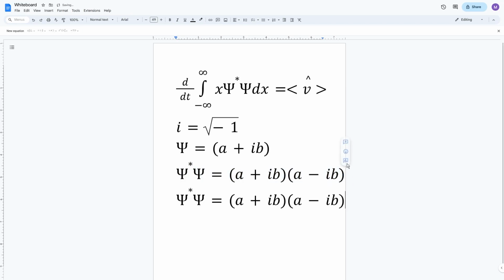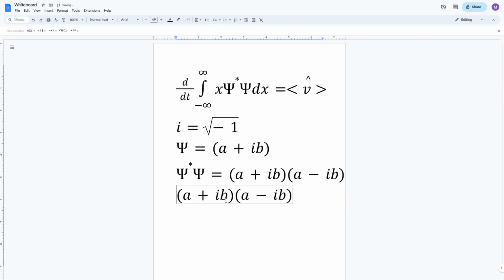So now, how do we solve it? Well, if we have A plus iB multiplied by A minus iB, the way we would solve it is we would first multiply A by A, which gives us A squared. Then A multiplied by minus iB gives us minus AiB.